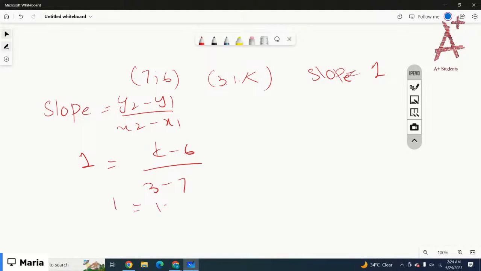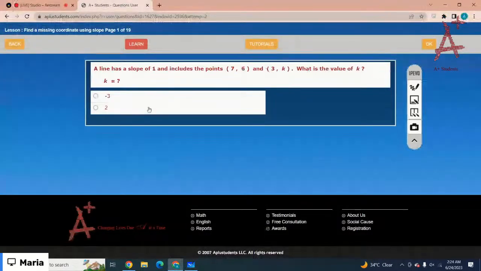Here you have 1 equals k minus 6 divided by 3 minus 7, which is negative 4. Got it? So just do cross multiplication. It would be negative 4 equals k minus 6. Move 6 to the other side, it would be negative 4 plus 6. So 6 minus 4 is 2. So the missing coordinate of the point is 2. Got it? That means the missing coordinate is 2.